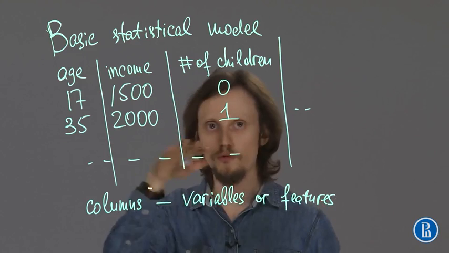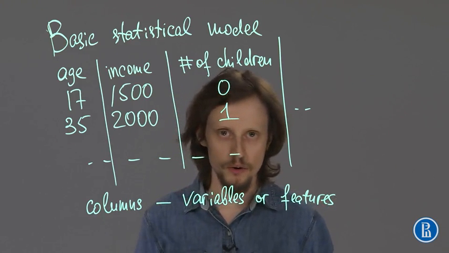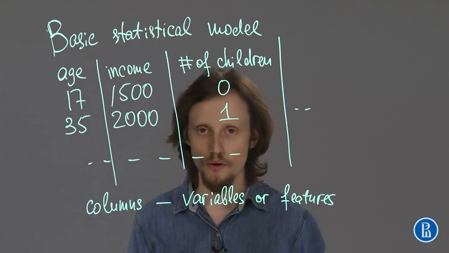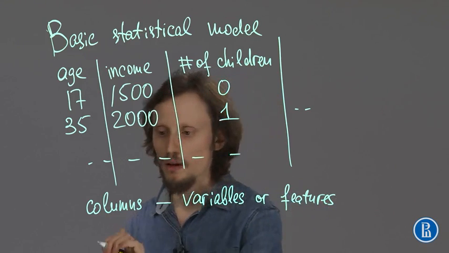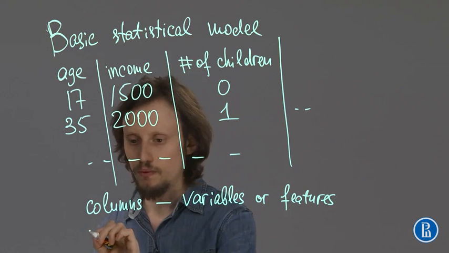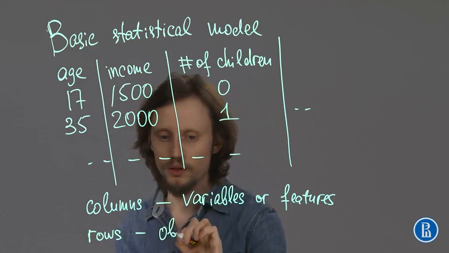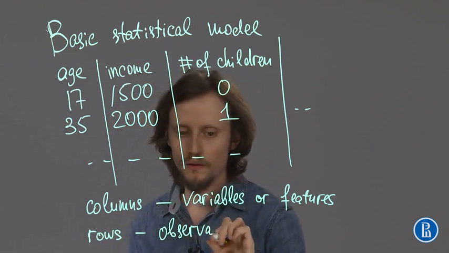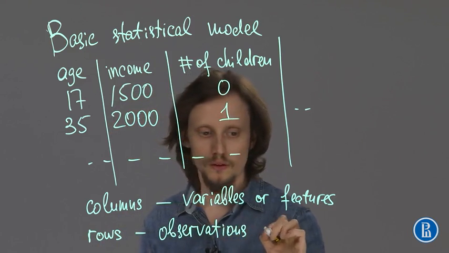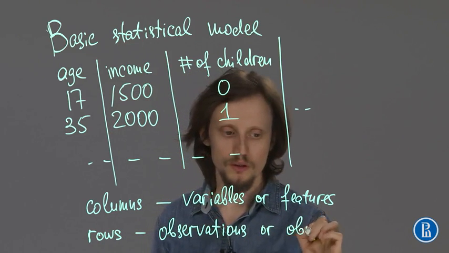And rows of this table are called observations or objects or items. Rows are usually observations or objects.